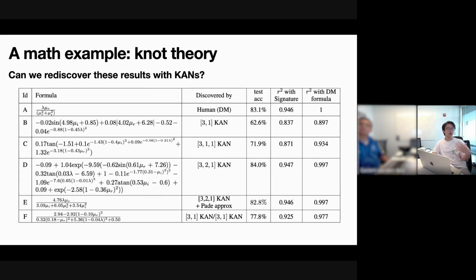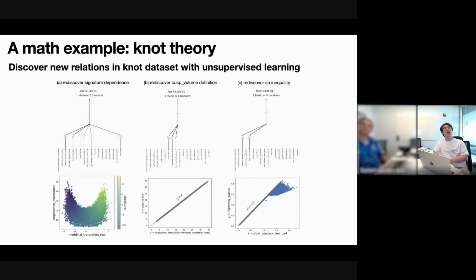We can obtain not only one symbolic formula, but a Pareto frontier, a family of symbolic formulas trading off between accuracy and complexity. And yeah, this slide is really fun. I'm really proud of this result.